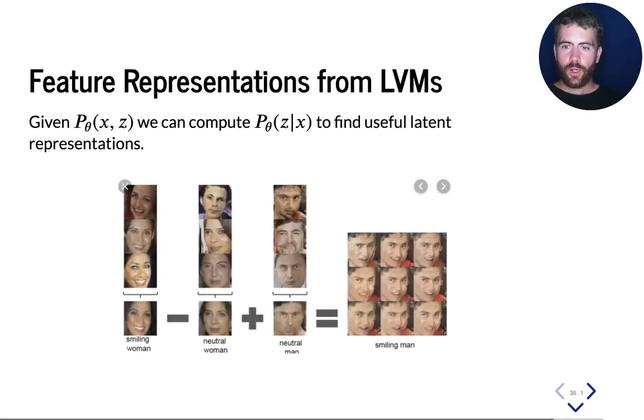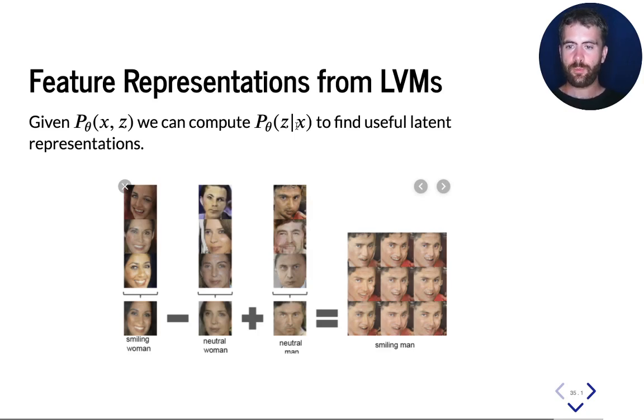A different example of why latent variable models are interesting is that, given a trained model, we can also look at the posterior probability of Z given X to find useful representations.